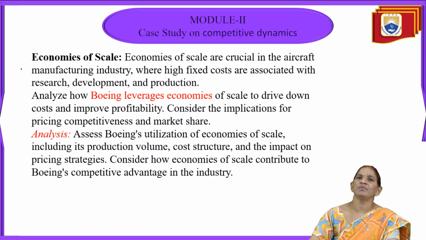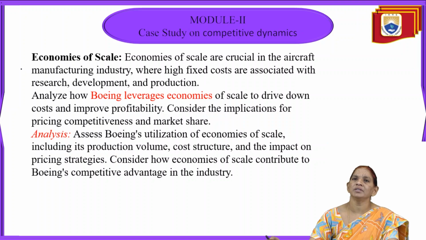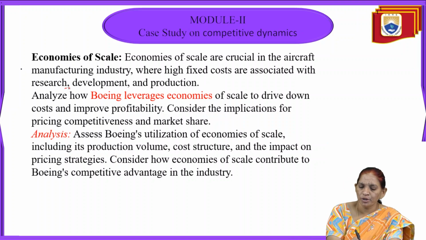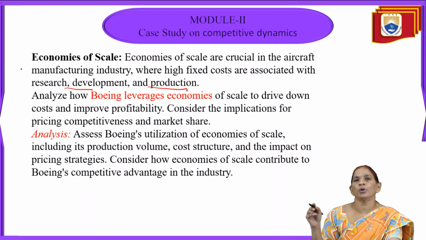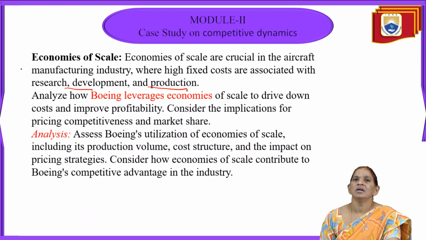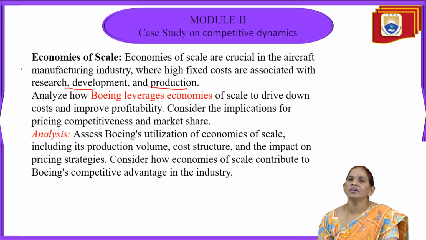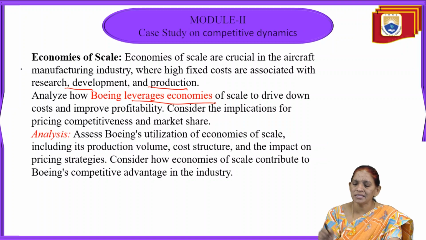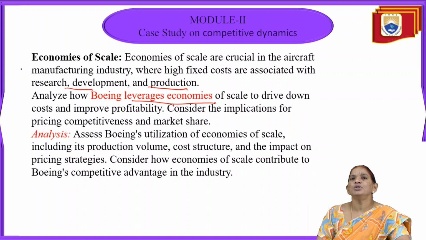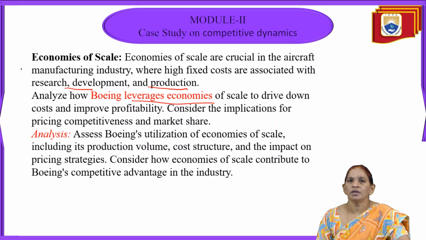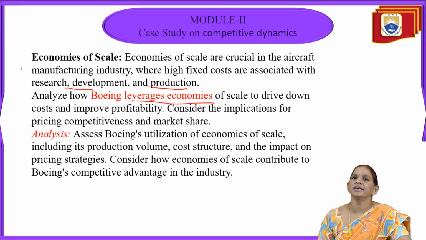Large scale manufacturing involves having research and development facilities relating to production activities. And we can analyze that the aircraft industry has been leveraging economies of scale. Due to these economies of scale, the cost of production decreased and the profitability of the organization improved.